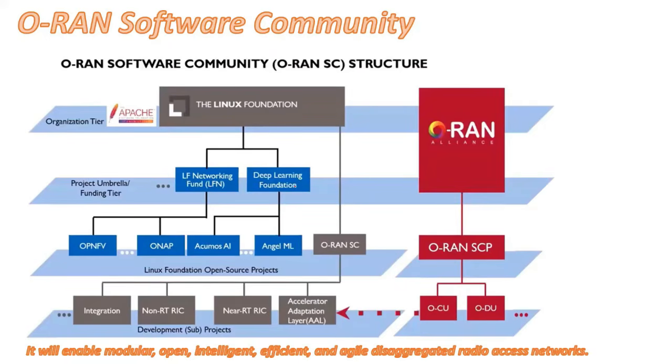So the first one is the Open RAN Software Community, right? This is a collaboration between the ORAN Alliance and the Linux Foundation. Its mission is to support the creation of software for the radio access network. As I said earlier, the telecom industry has experienced a great transformation and 5G is expected to radically change how we live, how we work, how we play, everything, right?